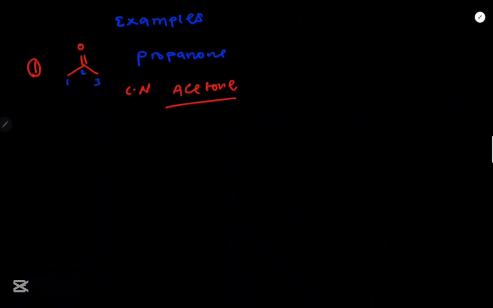So that's the structure of acetone, but you can draw it the other way around to say CH3 connected to the carbon with this, and again CH3. So that's our acetone.